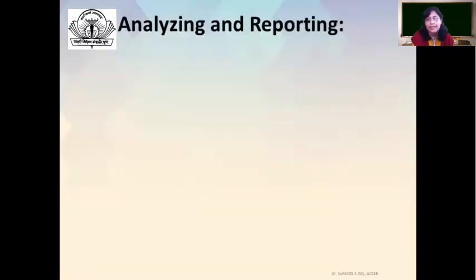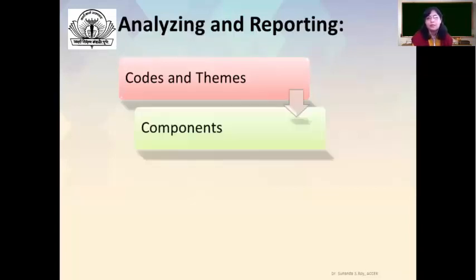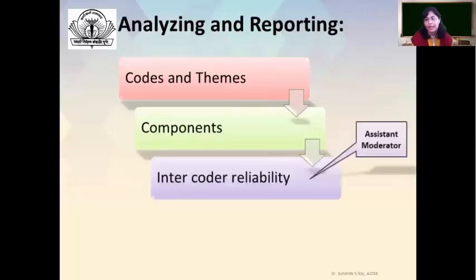Now, analyzing and reporting, I'm just going to give you an overall summary of it. First, you need to code your responses, convert them into themes, then components. Then after that, intercoder reliability. This is where the assistant moderator comes in.